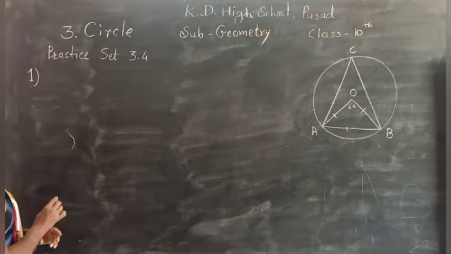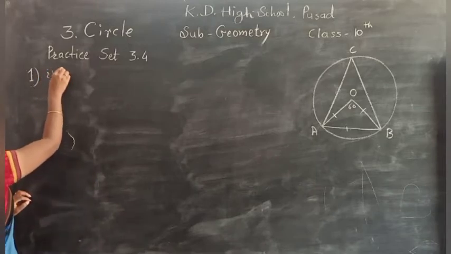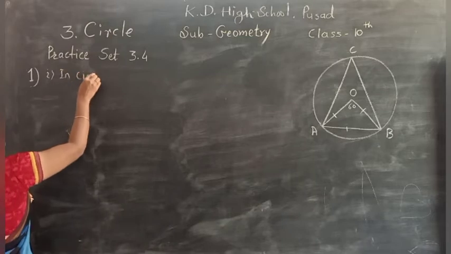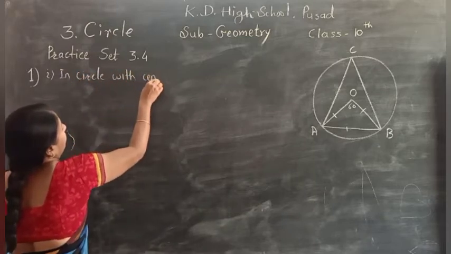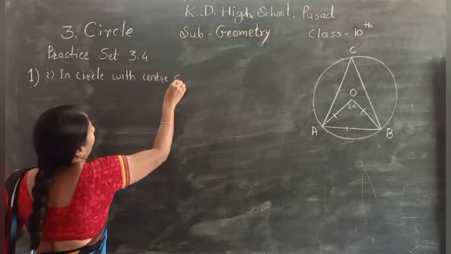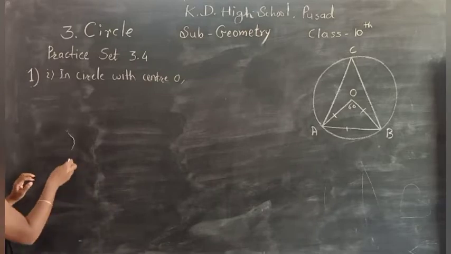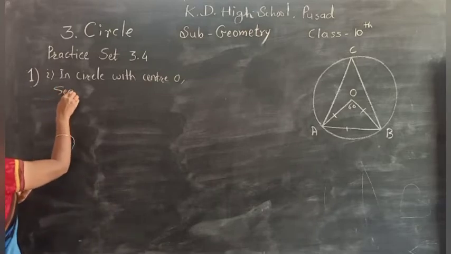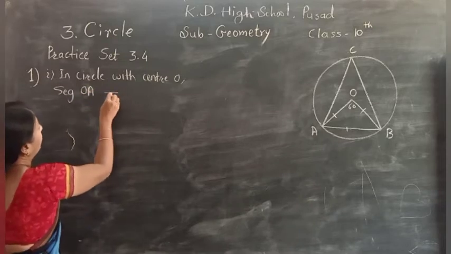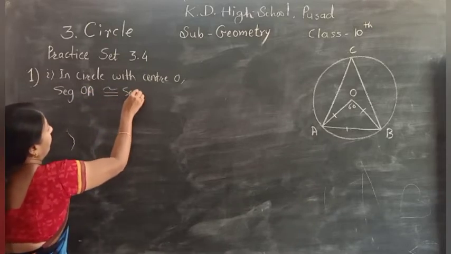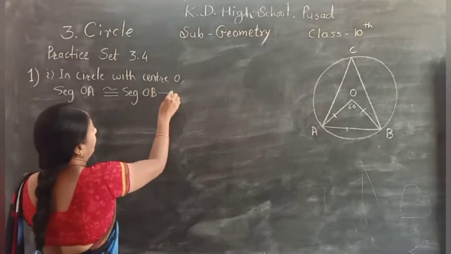Now in circle with the center O, segment OA congruent to segment OB, that is radii of the same circle.